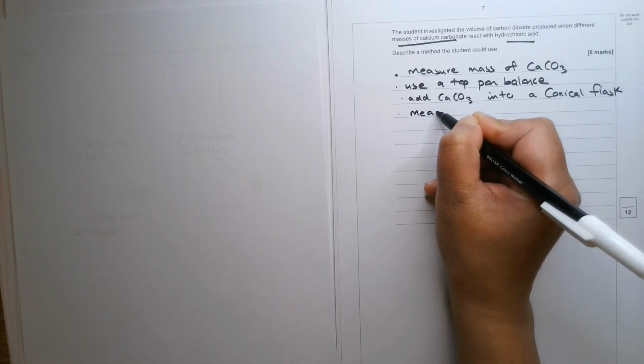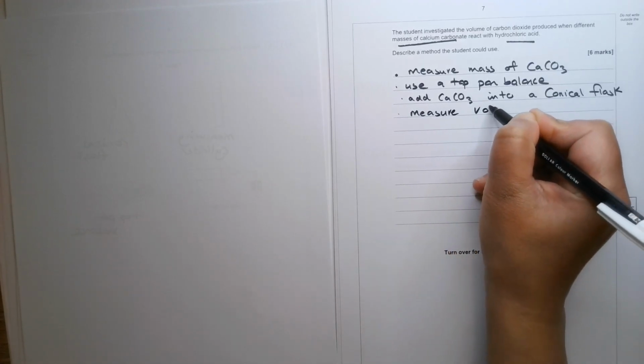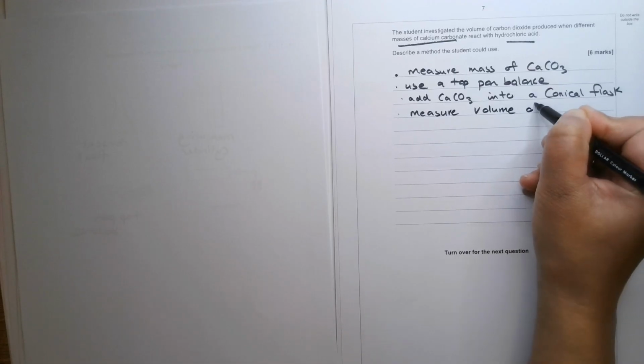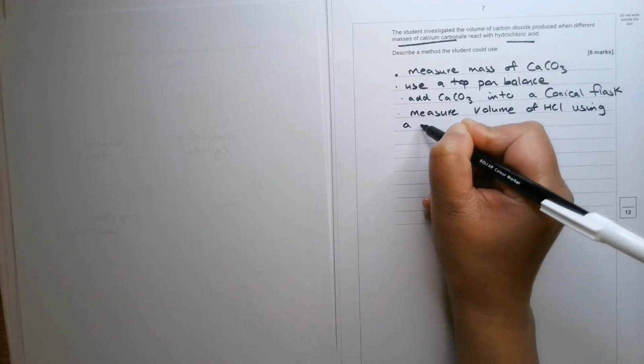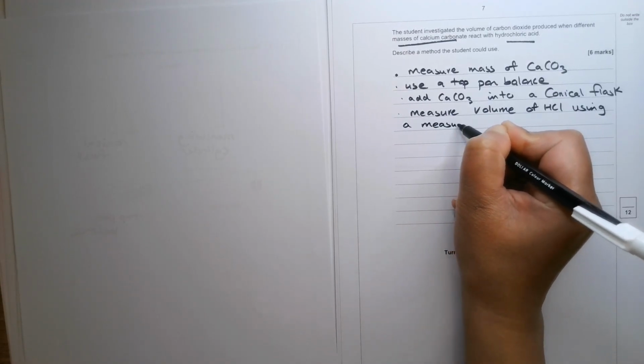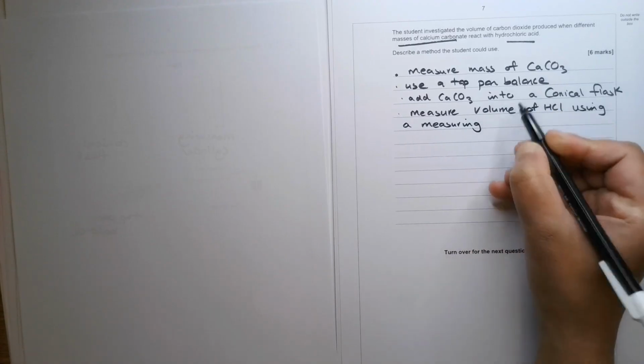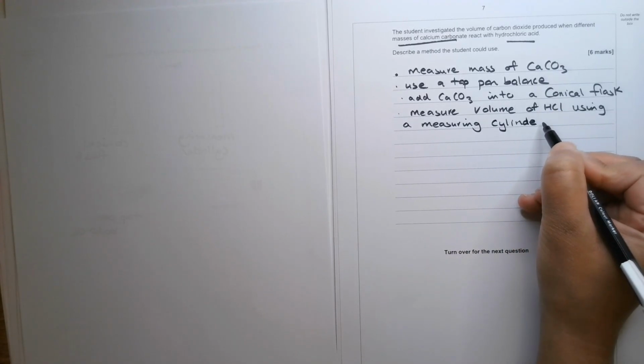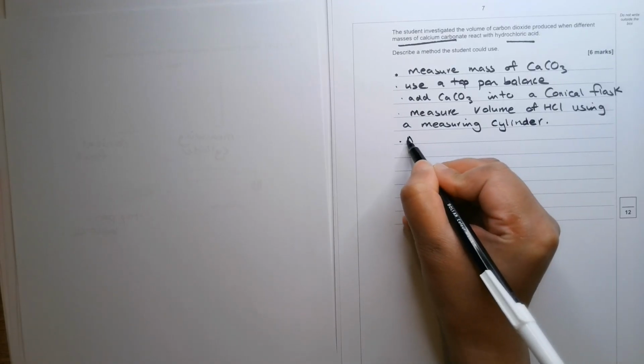So measure the volume of HCl using a measuring cylinder. Then you add this hydrochloric acid to the conical flask.